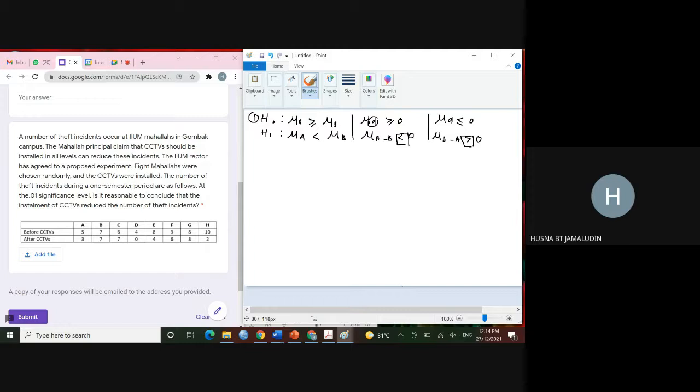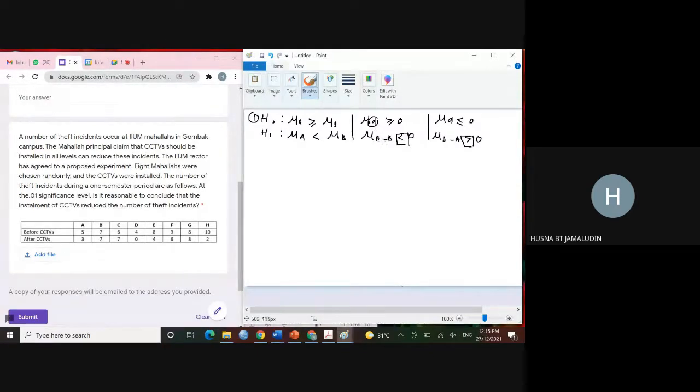So the number of theft cases may perhaps be larger. Okay, got it? So in the dependent sample test, you can use the D sign, which refers to difference, but you have to define them.